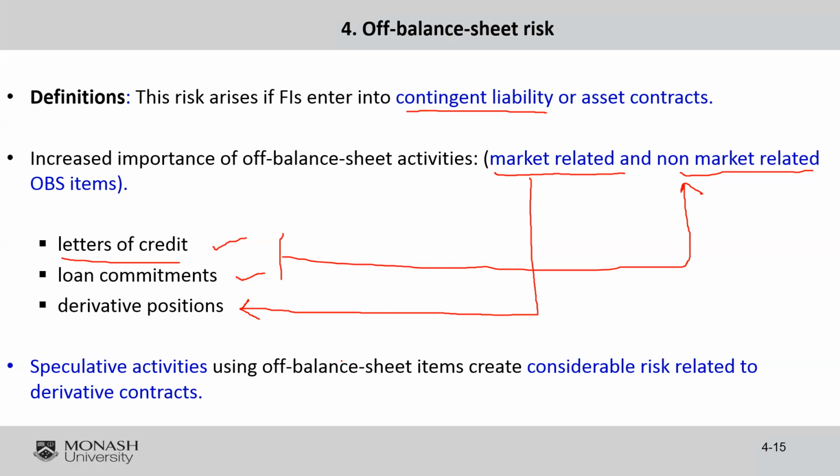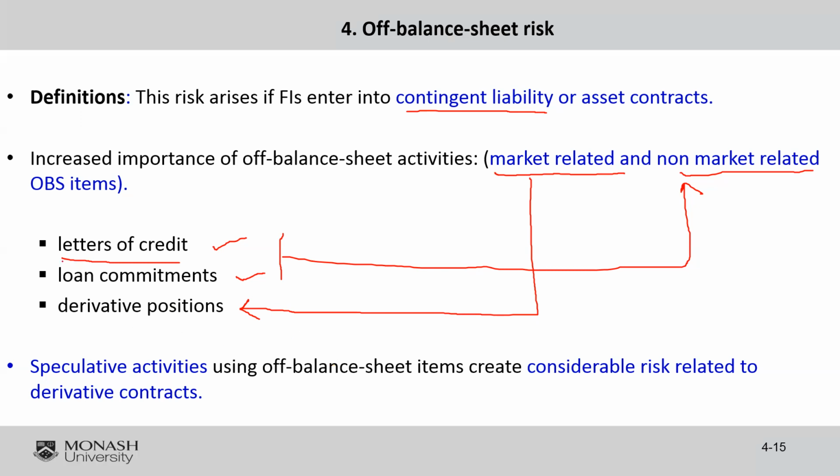We can use them for hedging, but sometimes we can use them for speculation also, which means we just trade them to get the profit if the prices increase, or we pay the other party if the prices decrease, if it is a forward contract, for example. So this, we call it derivative positions.